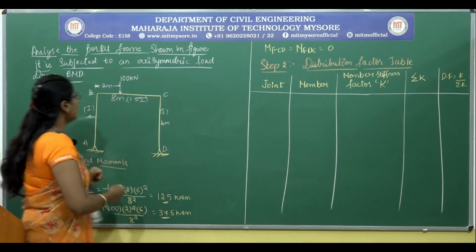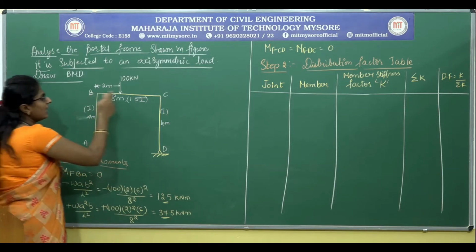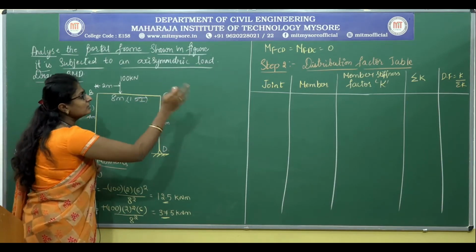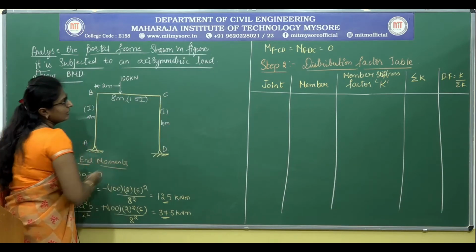So now we have to consider joints B and C in order to calculate the distribution factors for BA, BC and CB, CD.